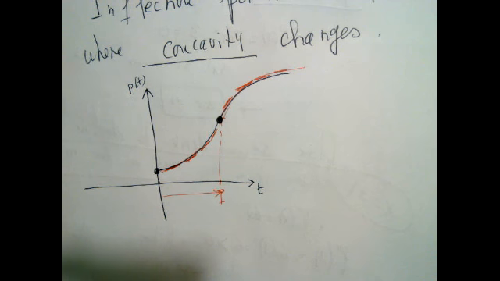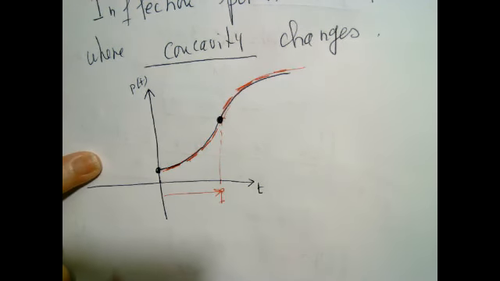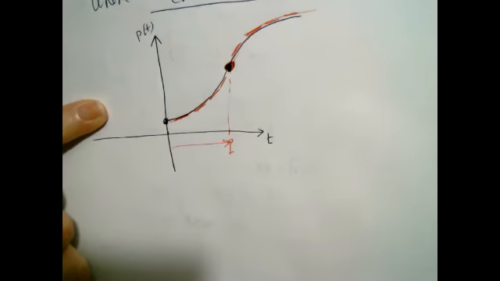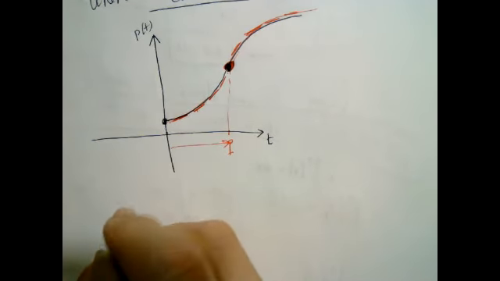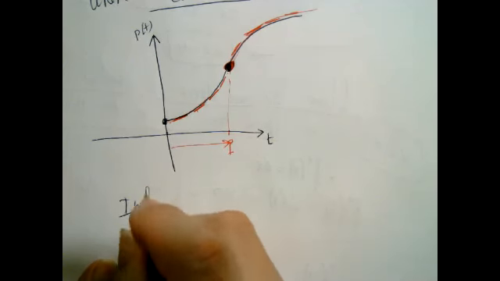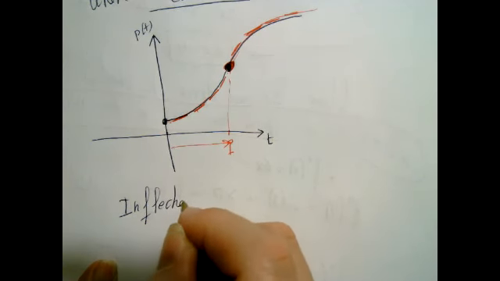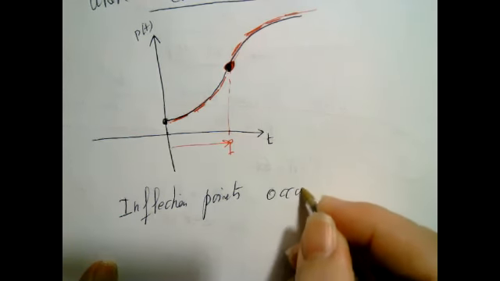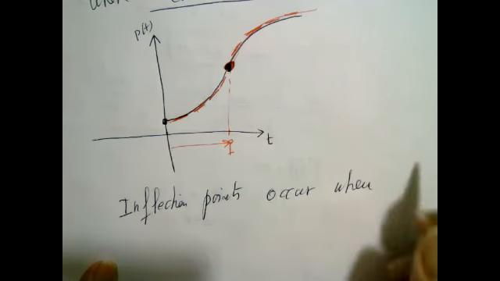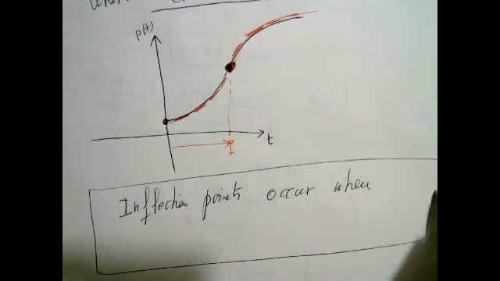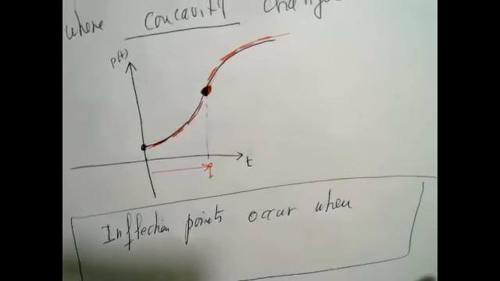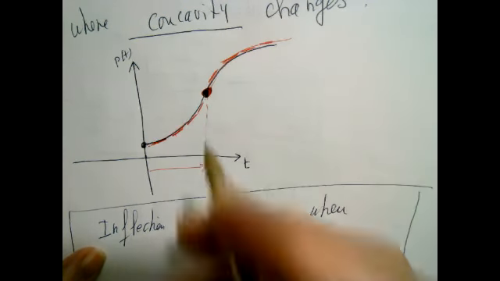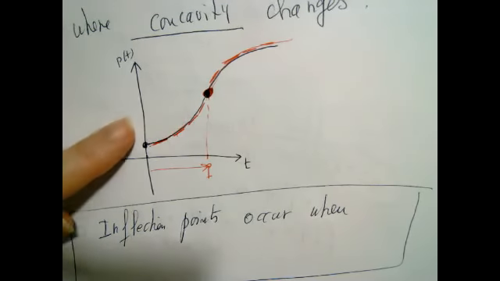Now, question number 2 is, where do they occur? If this is an inflection point, what can you say about the second derivative at the inflection point? Let me take this example.